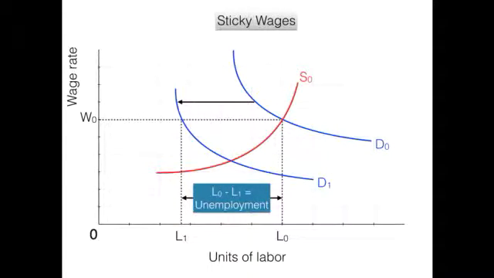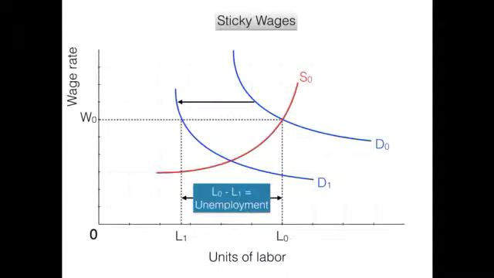If we subtract L1 from L0, that will tell us the number of people who are unemployed at W0. So at W0, we have more people wanting to work at the prevailing wage rate than companies actually want to hire. So this is what is referred to as sticky wages, that the wages do not adjust downward to the new equilibrium. They stay, or they're stuck at the original equilibrium rate, and we end up having unemployment because of this.